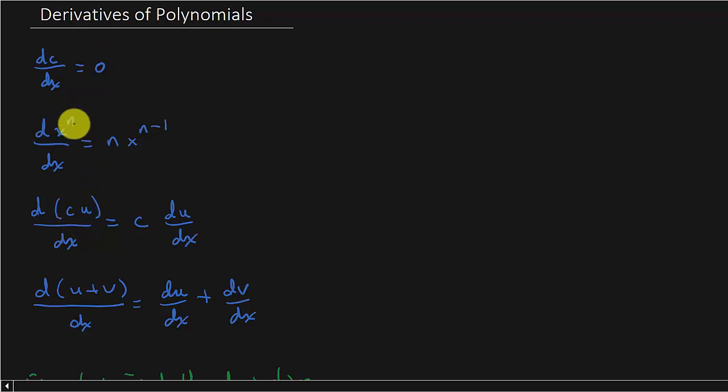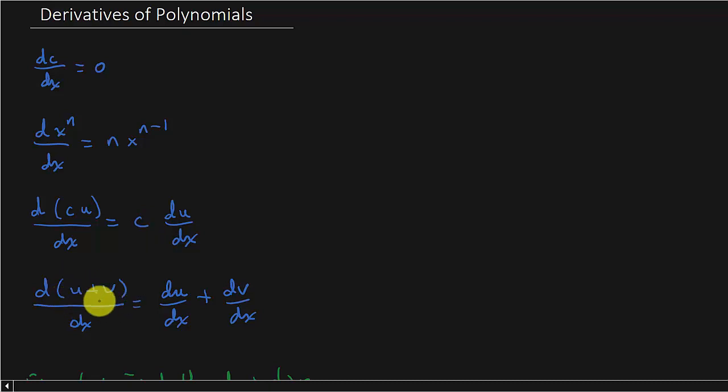And then I'll come to this one last. And then let's look at this one, the derivative of c times u. So what this is saying is that you can pull the c out and then take the derivative of u with respect to x. So it's just taking the derivative and then multiplying it times c.